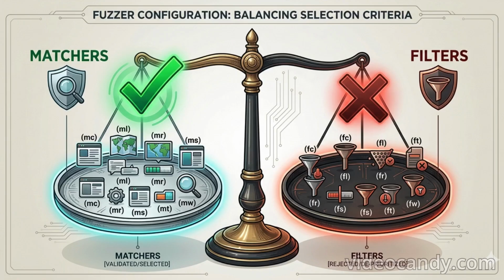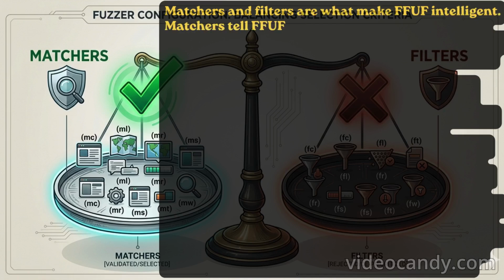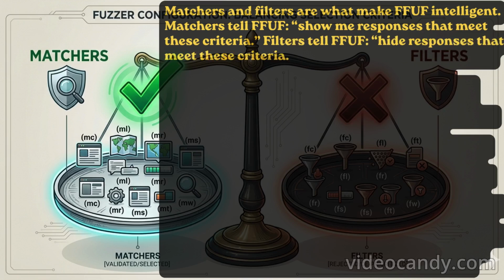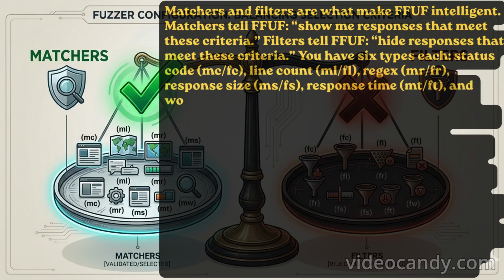Matches and filters are what make FFUF intelligent. Matches tell FFUF, show me responses that meet these criteria. Filters tell FFUF, hide responses that meet these criteria. You have six types each: status code, -mc/-fc; line count, -ml/-fl; regex, -mr/-fr; response size, -ms/-fs; response time, -mt/-ft; and word count, -mw/-fw.